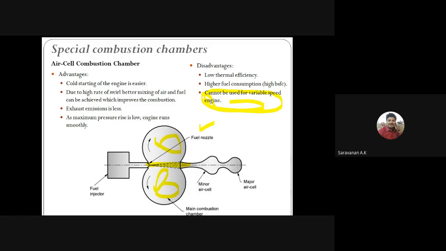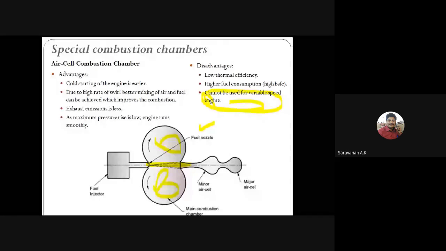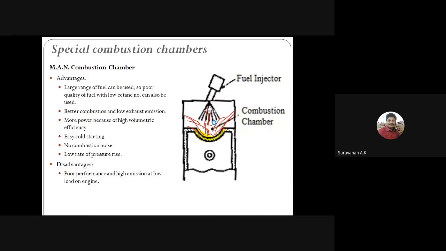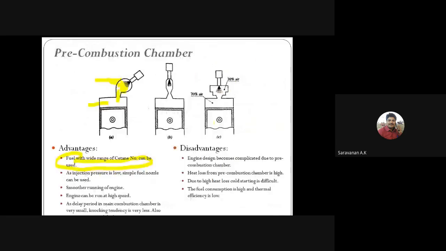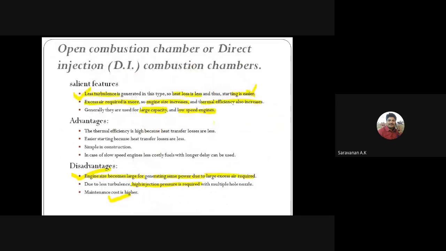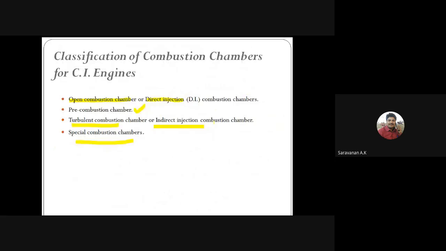For the design of these combustion chambers, we have plenty of benefits as well as disadvantages. Depending upon our condition, the load, and the engine type, we may prefer different types of combustion chambers. In most conditions we are using only two: the open combustion chamber and the pre-combustion chamber.